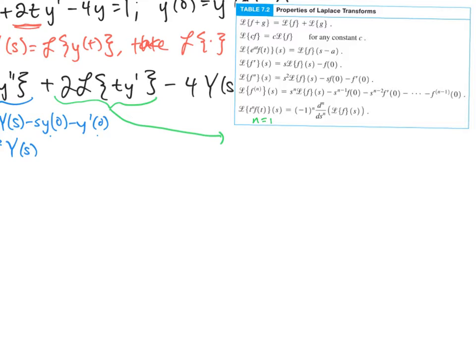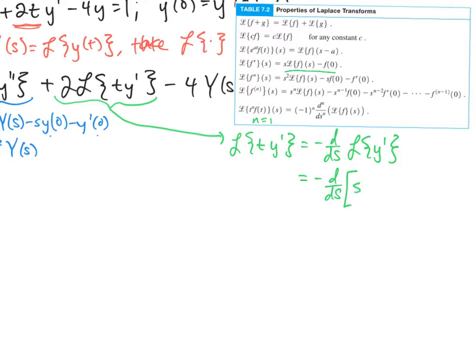We know that the Laplace transform of t y prime equals negative d/ds of L of y prime, and L of y prime, using that relation up there, gives us s times L of little y, which we're just going to call big Y, minus y of 0.